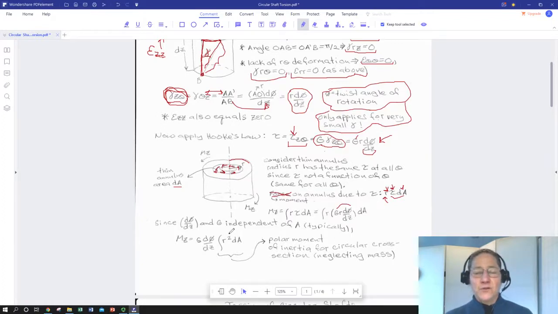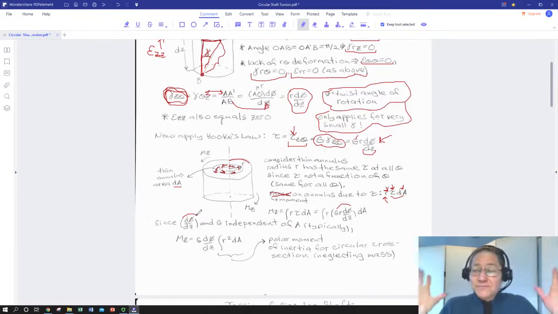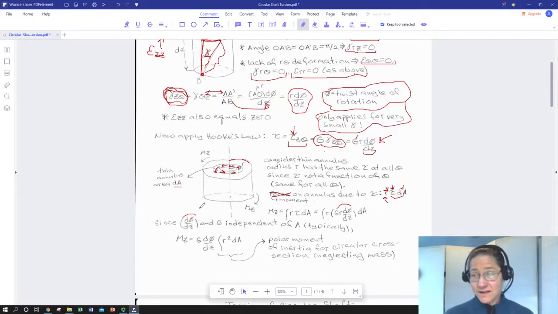So if I rearrange that and I assume that we're not going to have any changes in the twist angle as I go along the shaft, we're isotropic, we're homogeneous, our shear modulus doesn't change with length along the shaft, our radius isn't changing with length along the shaft. If all those are true, I can take my d phi dz out of the integral, I can take my shear modulus out of the integral, and what am I left with in the integral?